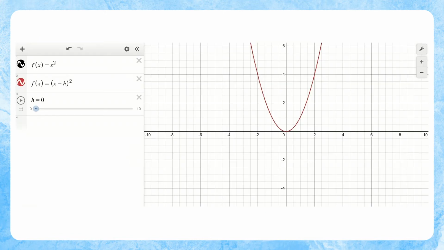Here, I'm on Desmos, and I have the graph of the parent function, f of x equals x squared, and I also have a quadratic function with the parameter h. Let's see what happens as h becomes more positive.